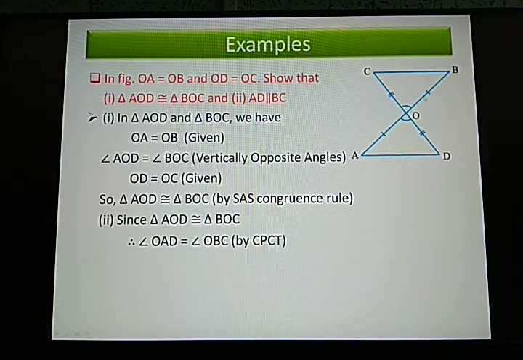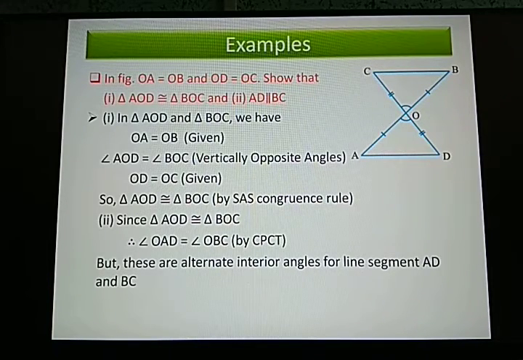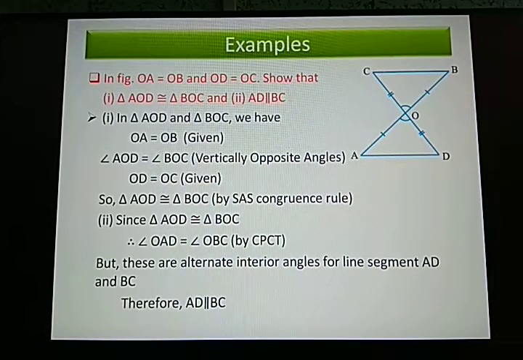Now if you see again carefully, what kind of angles are these two? Yes, they are alternate interior angles for the line segments AD and BC. Since they are alternate interior angles and they are equal, we can say that the line segments AD and BC are parallel. So this proves both the conditions that we needed to prove in this question.